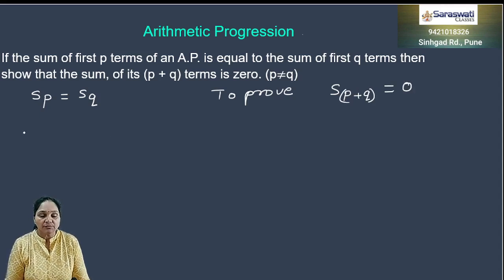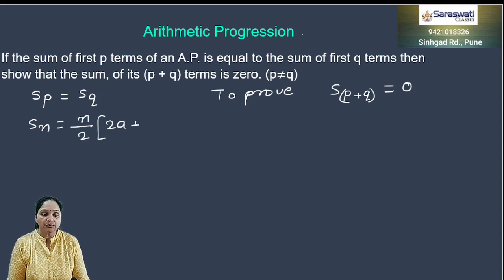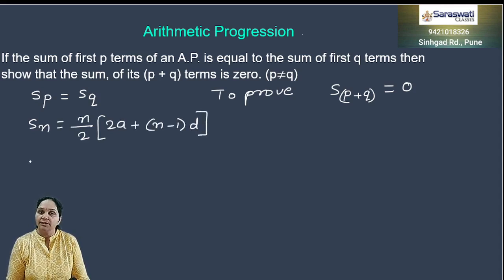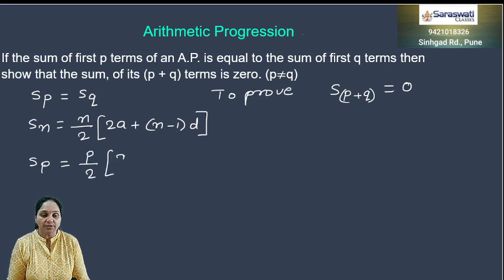Okay. Now we know the formula for the sum of first n terms, that is n upon 2 into bracket 2a plus n minus 1 into d. So n indicates term number. So for SP, we can write p upon 2 into bracket 2a plus p minus 1 into d.